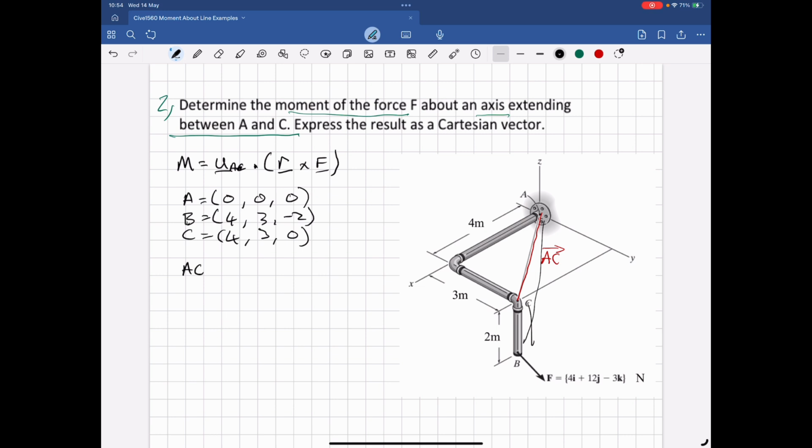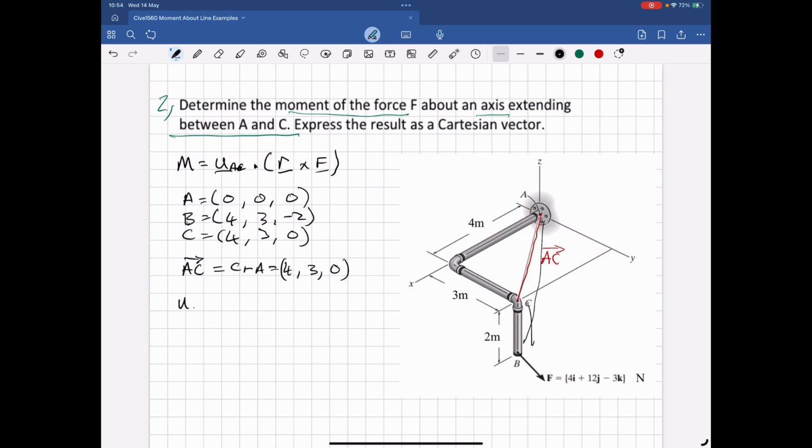We're going to have to calculate the unit vector in AC. So let's calculate AC to start with. It's equal to C minus A, which is effectively equal to C.